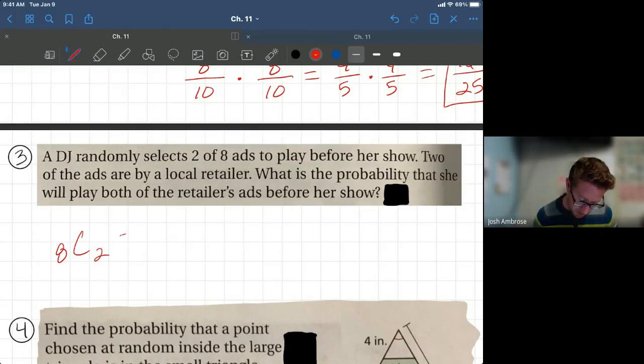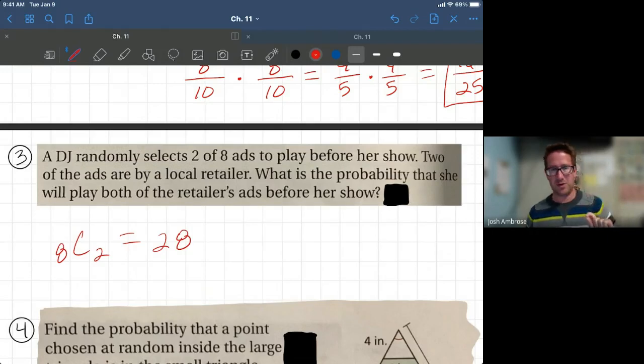And what you will get from this is 28. Now, what we gather is that this isn't the final answer. If she randomly selects 2 from 8 ads, there's 28 possibilities.